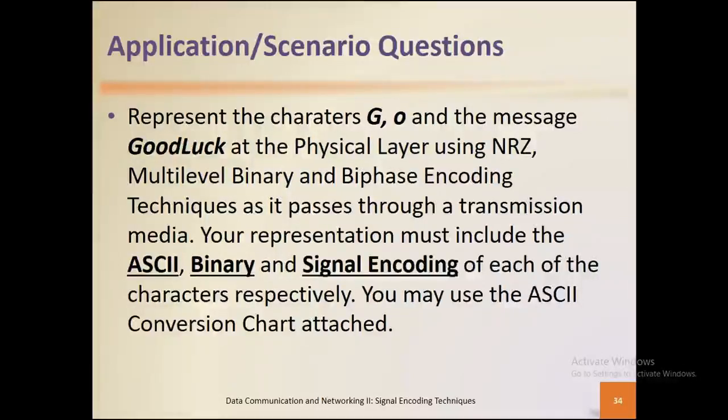Okay, so now this is where the practice part comes in. This is where you actually see how all of the schemes, either whether encoding or modulation, is actually applied within a given application.